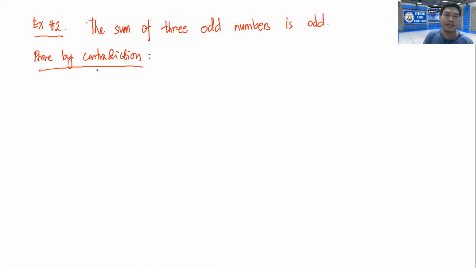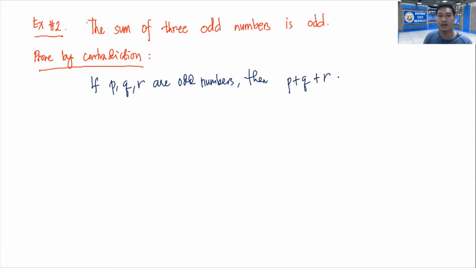We can have it as: if p, q, and r are odd numbers, then p plus q plus r is also odd.